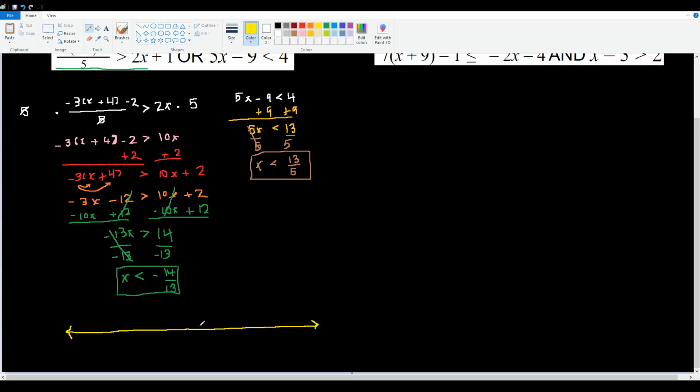And now we have to determine what range of values we need. So 13/5 is basically 2 and 3/5, and negative 14/3 is close to -1. So I guess we can go with a middle of the number line here. 1, 2, and then -1, -2. How about that? Make some more tick marks.